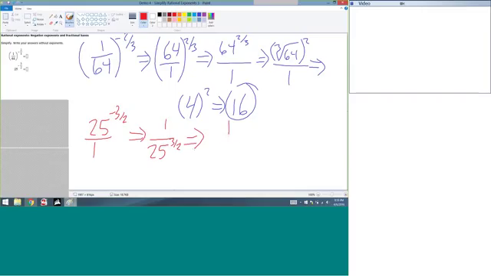So now we can put that in its radical form. So 3 over 2 means we have a square root of 25. Then to the 3rd power, square root of 25 is 5. Raised to the 3rd, so 5 to the 3rd is 125.